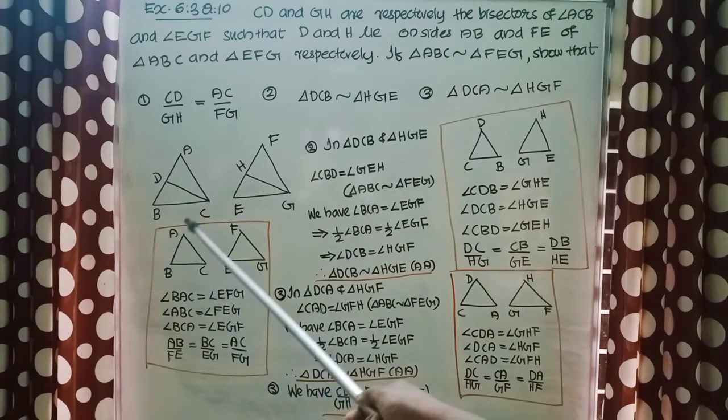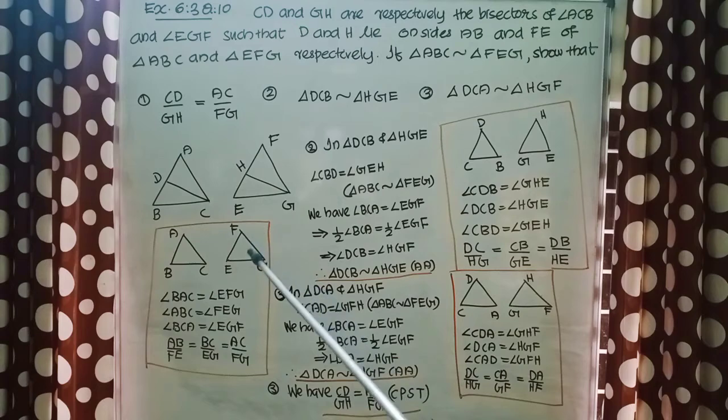Angle BAC equal to angle EFG. Angle ABC equal to angle FEG. Angle BCA equal to angle EGF. AB by FE equal to BC by EG equal to AC by FG. Since these two triangles are similar, all these conditions are true.